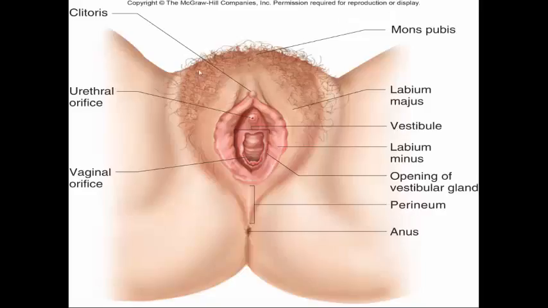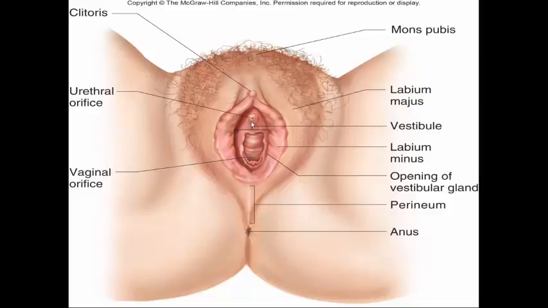The mons pubis, this rounded mass of fat tissue here on top of the pubic bone. Labium majus or labia majoris, same thing. These larger folds of tissue here on the outer side. The thinner, flatter folds, labia minora, these here and here, and they meet here at the top, right around, or form, the hood of the clitoris, and the clitoris is right here on top, where the minora meet.